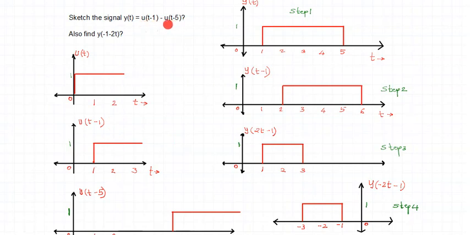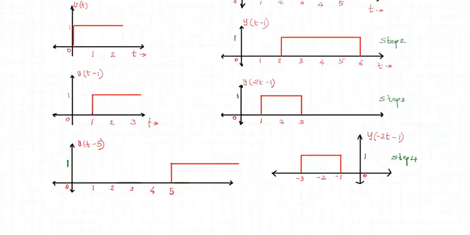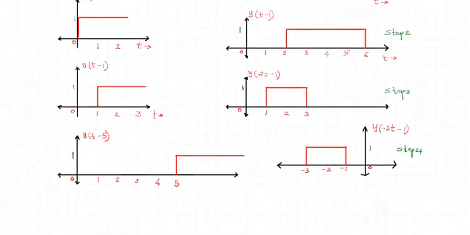Now, the rest of the problem says obtain u(t minus 5). So what I need to do now is shift the unit step signal by 5 units. Again, it is delayed; the signal shifts to the right by 5 units. How does the delayed signal look? You could see here the same unit step signal is delayed now by 5 units.